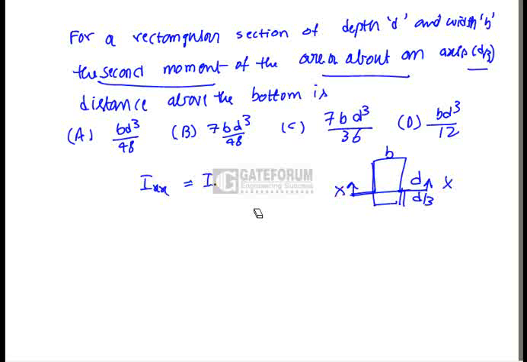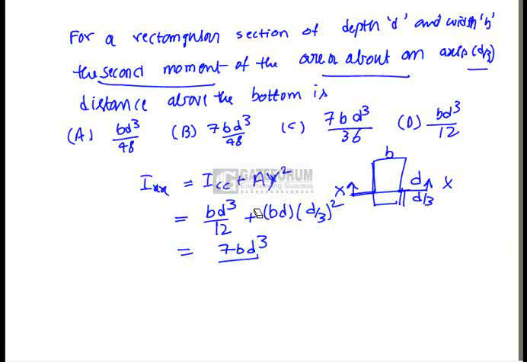Ixx is equal to ICC plus A y square. Y is d by 3. ICC is equal to b d cube by 12, we know, and area is b into d, that we know. Y is d by 3 whole square, that is equal to 7 b d cube by 36. Here in these options, option C is correct.